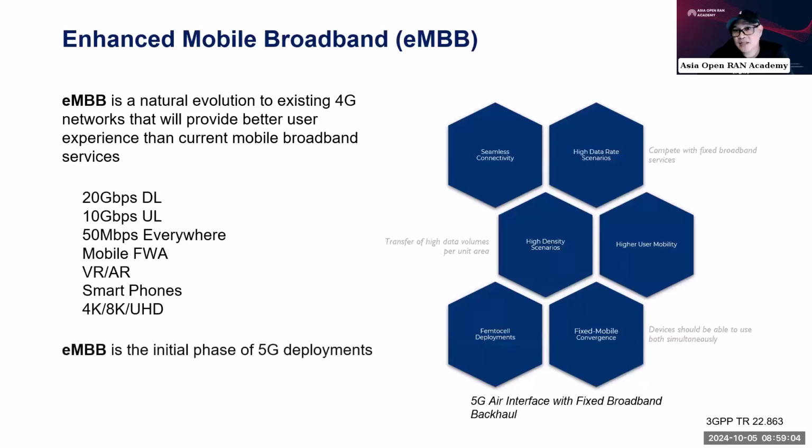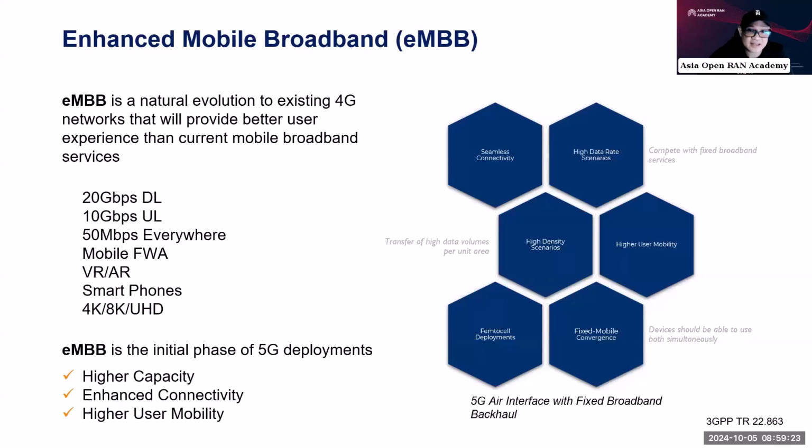So eMBB is the initial phase of 5G deployments. Ito yung unang-una nating ma-experience. Later on, makikita nyo kung bakit, because of the implementation in terms of the architecture. So it has higher capacity, enhanced connectivity, and higher user mobility. Okay? So this is eMBB, Enhanced Mobile Broadband.